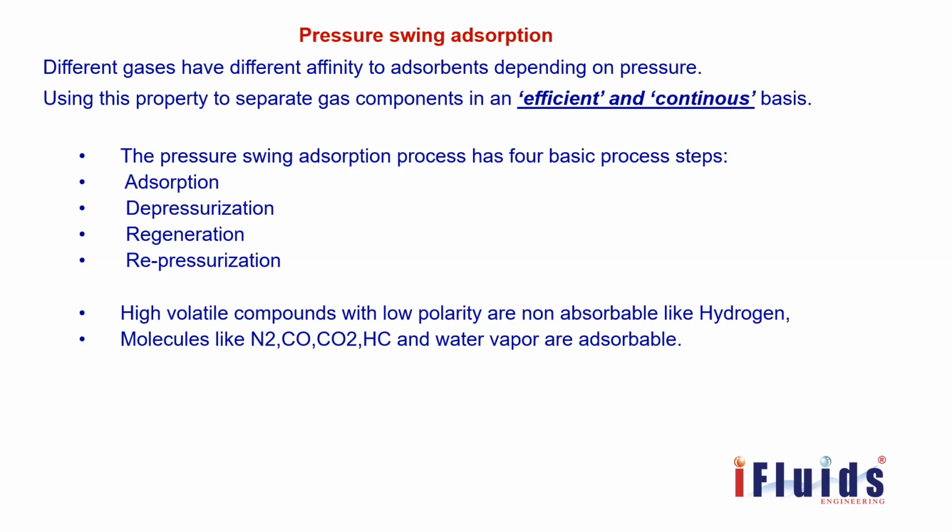One is when you allow the feed gas to the adsorber from the bottom, the adsorption process takes place. The adsorbents adsorb all impurities like nitrogen, CO, CO2 and hydrocarbon on the surface. Only the component that doesn't get adsorbed will come out, that is nothing but our hydrogen.